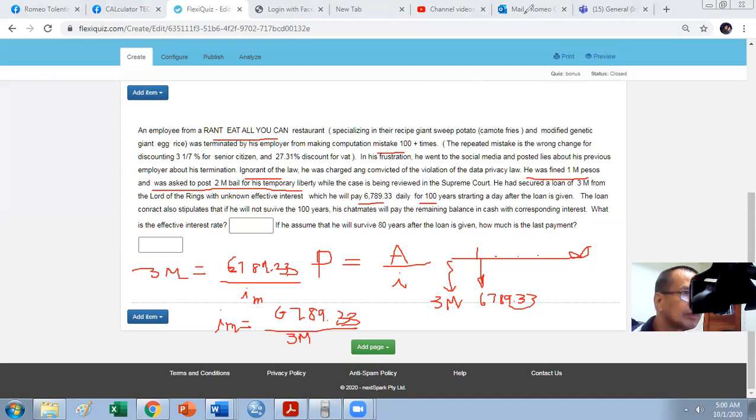Okay, and that will give you approximately 2.26311 times 10 to the negative 3. Remember, this is a monthly payment. Just store it to M. And then to compute the effective interest, kasi yearly yung tinatanong, remember that F equals P times 1 plus i to the n.